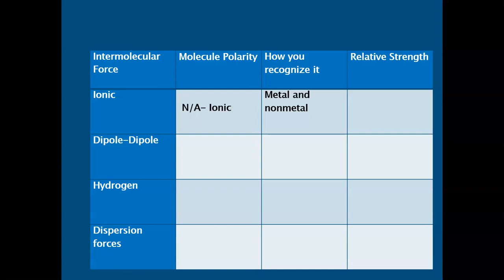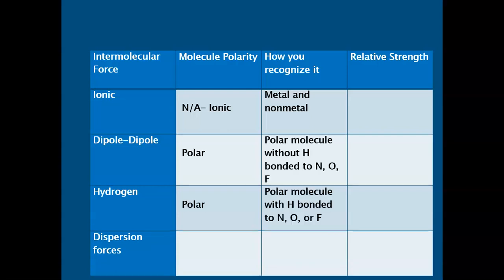All right, so when we talk about these, we know that ionic forces exist when I have a metal and a nonmetal. And we don't really talk about the molecule polarity, it's just ionic. There's no individual molecules. Now, when we have polar molecules, we either have dipole-dipole forces or we have hydrogen bonding.